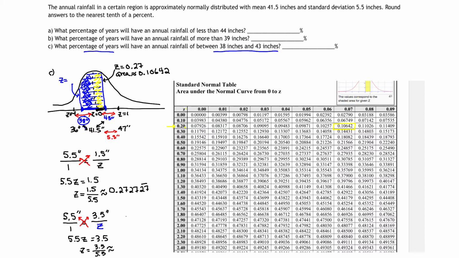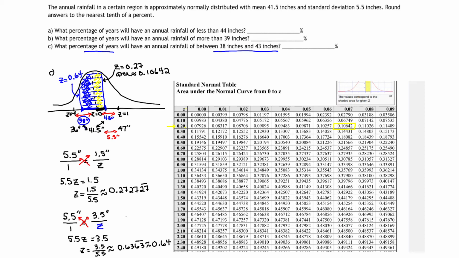Pulling out our calculator, 3.5 divided by 5.5 gives us approximately 0.6363 repeated. Rounding gives me approximately 0.64. So the z value on the left side, corresponding to 38 inches, is about 0.64.